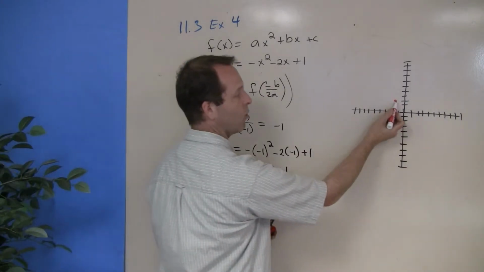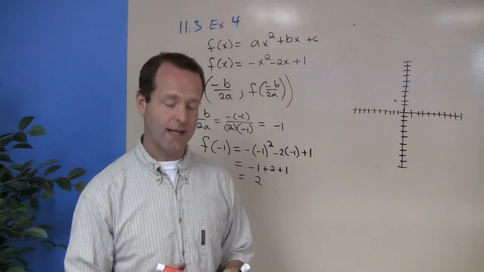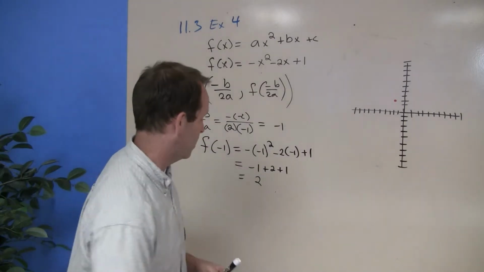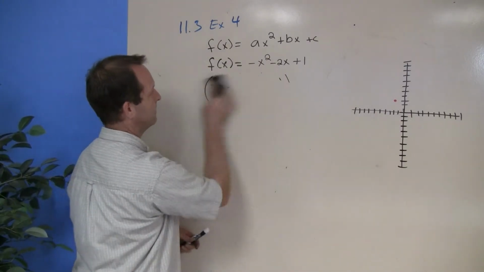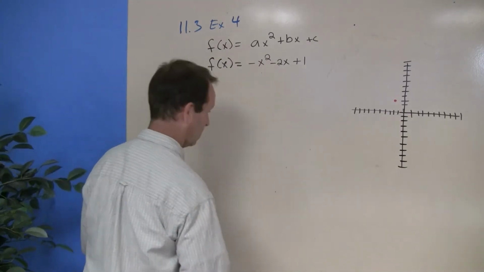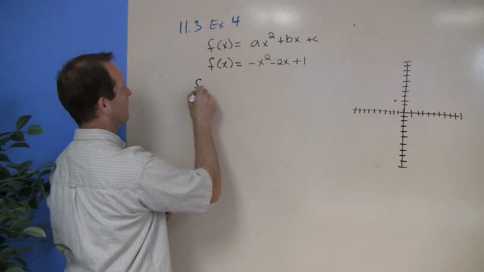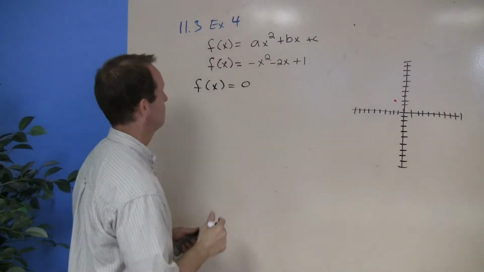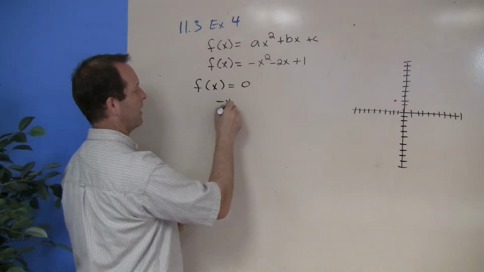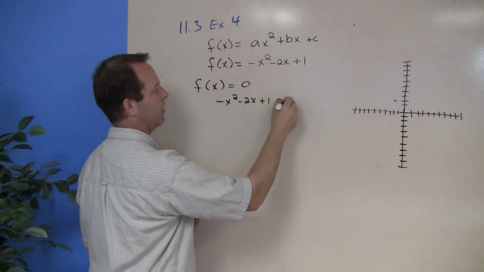I know that the graph bows downwards. So if it bows downwards, it's going to have to cross the x-axis. So I am expecting some x solutions. And that's the next part that we want to look at. What happens when my function equals 0? So let's take my function, negative x squared minus 2x plus 1 equals 0.